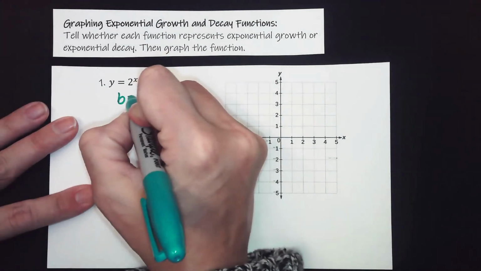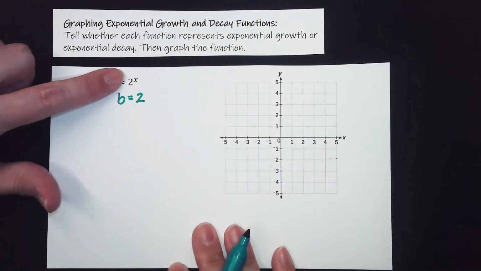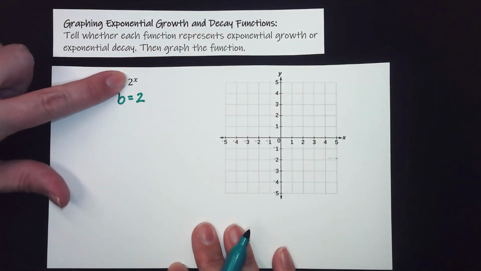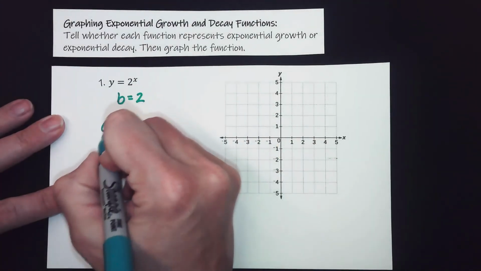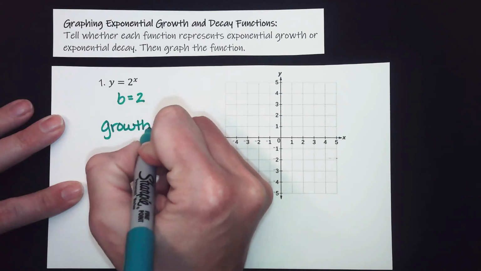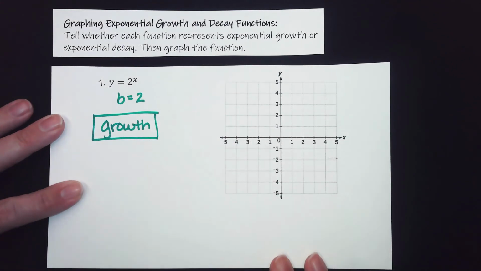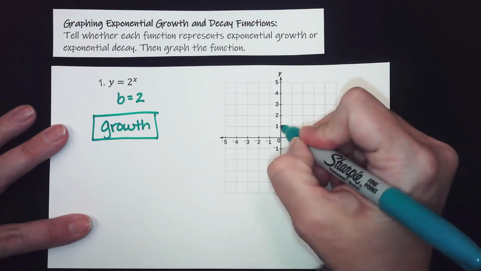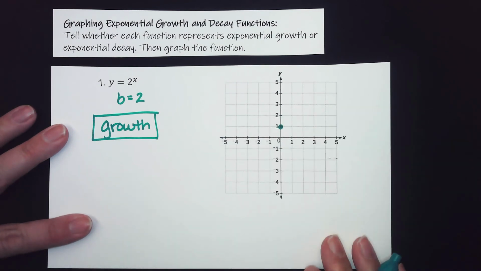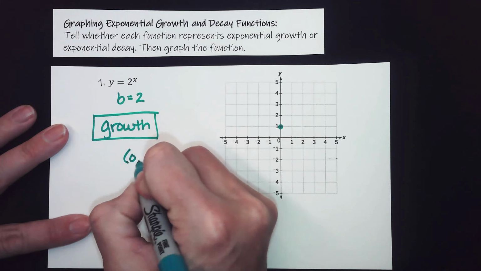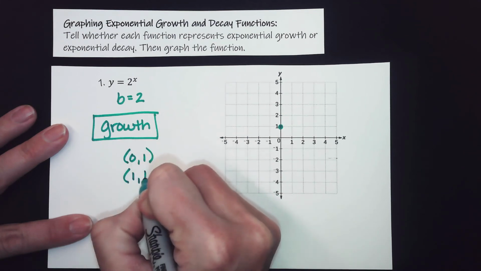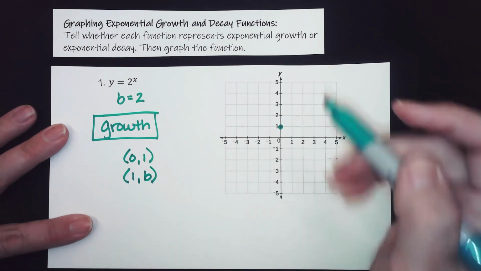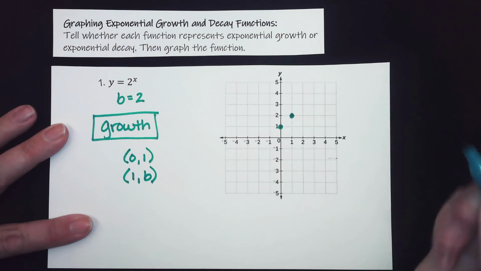In this case, our b is 2, because that's what's taken to the x power. That is greater than 1, so I know that this is a growth function. It's exponential growth. We always have the point 0, 1. And then we have the point 1, b. So if you want to write those down so you know you have them. And our b was 2, so we have the point 1, 2.